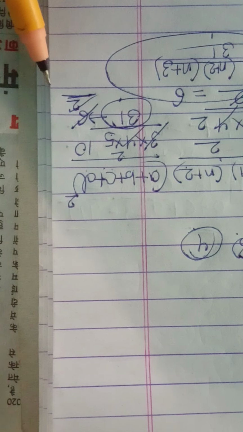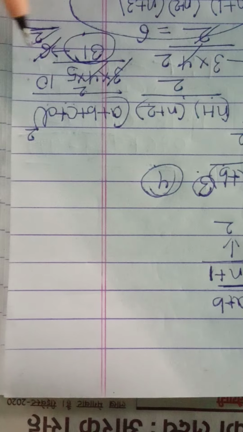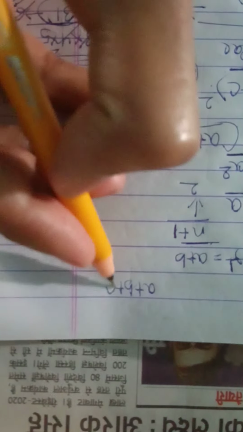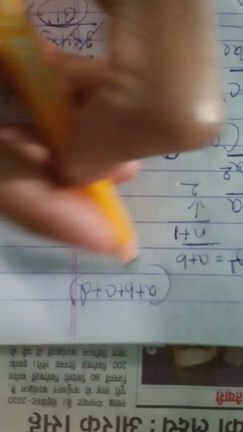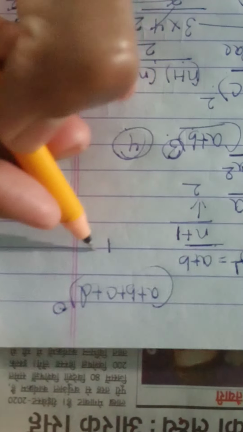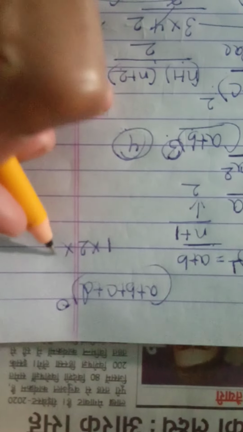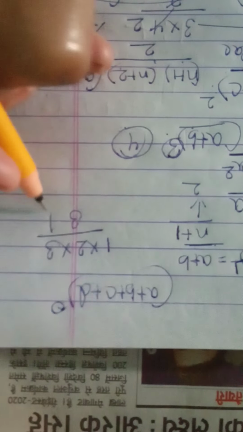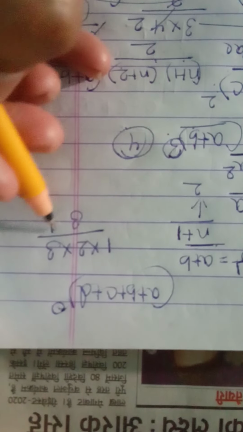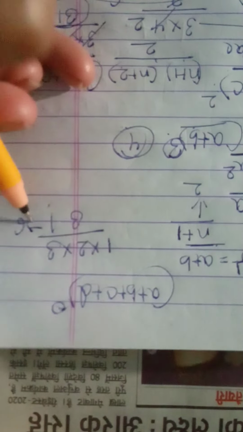If you verify this in a simple problem like a plus b plus c plus d to the power 0, we get 1 into 2 into 3 by 3 factorial, and 3 factorial is 6. It is simply 6, 3 into 2 into 1.